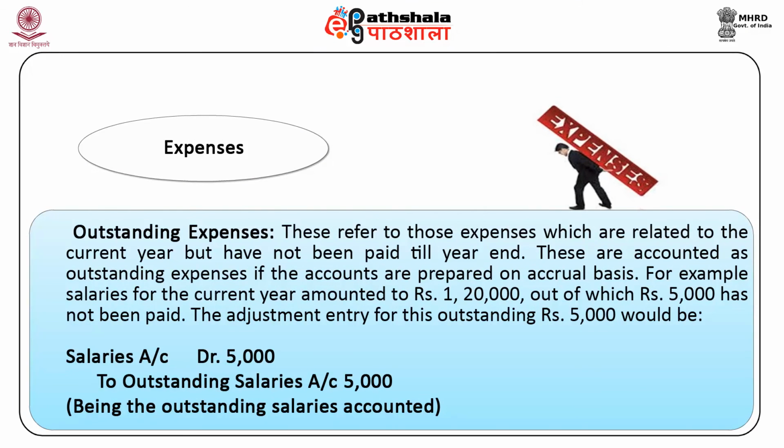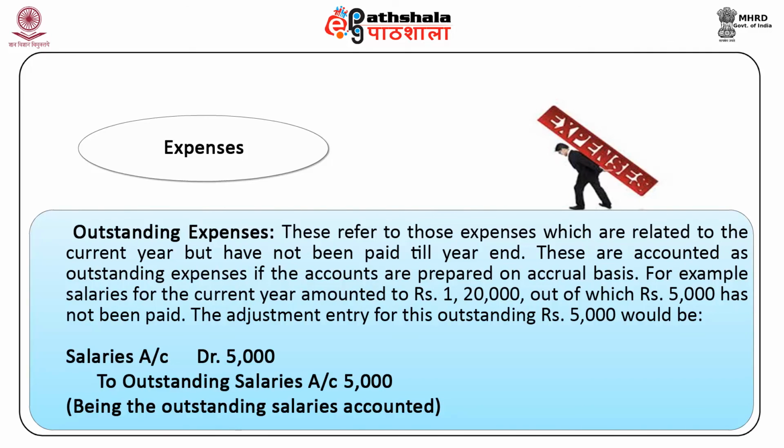Outstanding expenses. These refer to those expenses which are related to the current year but have not been paid till year end. These are accounted as outstanding expenses if the accounts are prepared on accrual basis.